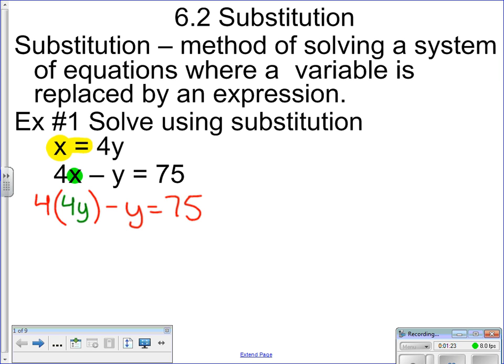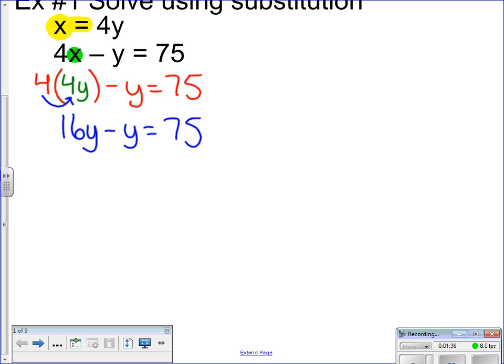First up, 4 times 4 is going to make 16y. And then I'm going to combine like terms. 16 minus 1y will make 15y.